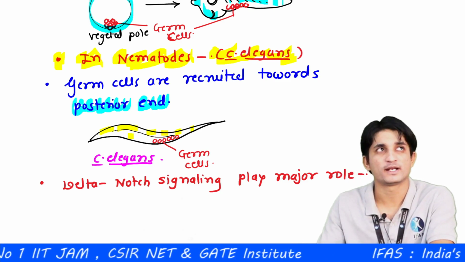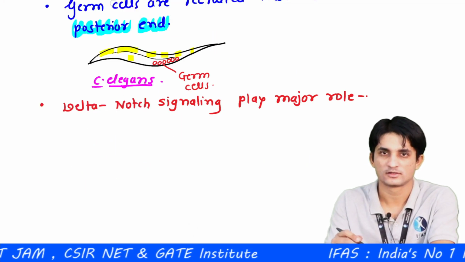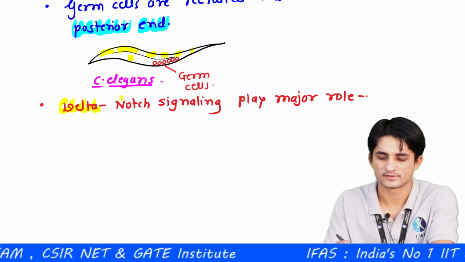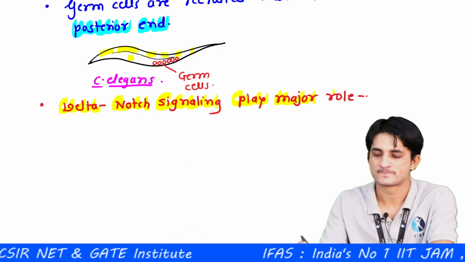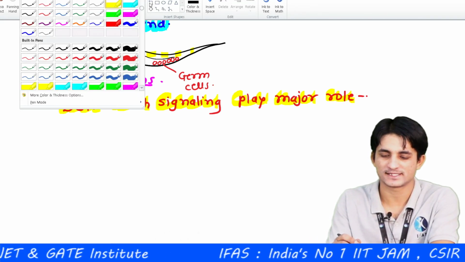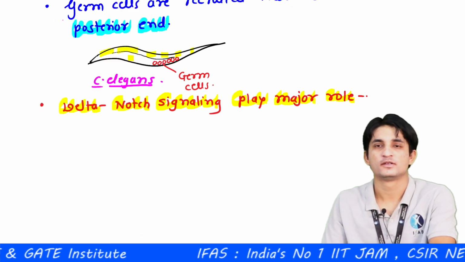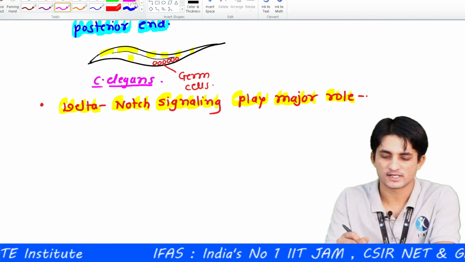Now whatever delta notch signaling is there, in delta notch signaling, the cells getting delta signal convert into the germ cells.